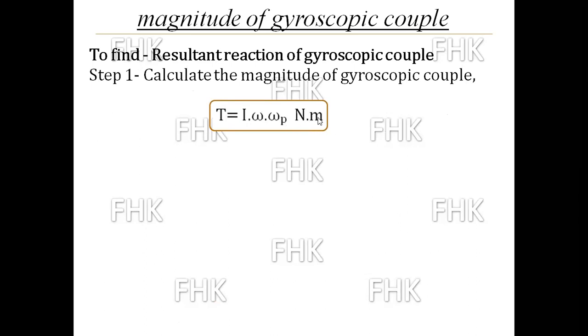So we convert all the lengths given in mm into meters. Here, I is the mass moment of inertia, omega is the speed of rotation during spinning about the spin axis, and omega p is the angular velocity during precession. So the formula to find the magnitude of gyroscopic couple is I omega into omega p.